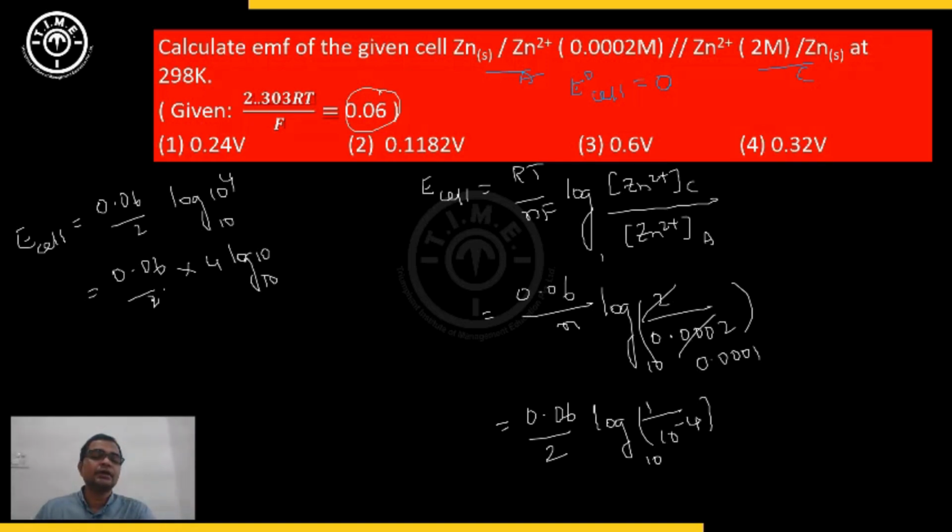Here the 2 gets cancelled. So 0.06 multiplied with 2, you will get 0.12 volts. This value is approximately 0.12 volts. Actually, if you take 0.0591, then you get this value. So option 2 is the answer, approximately.